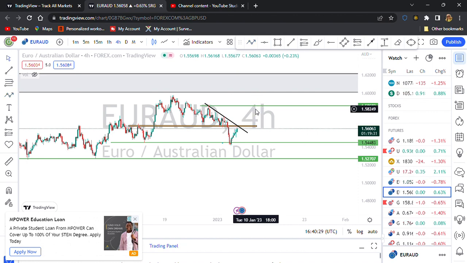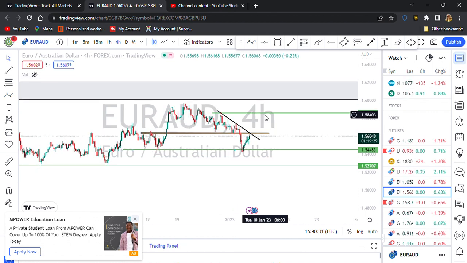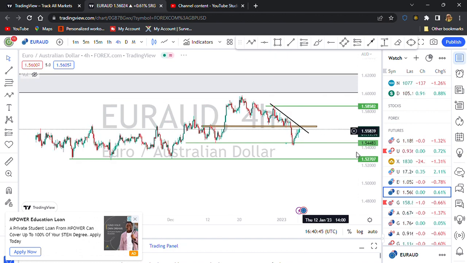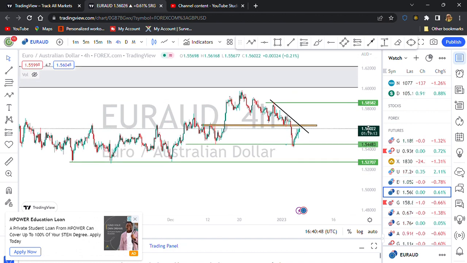It's just simple. You just have to know where your market is going, your support and resistance. If the market is coming and you know that the current price is under your resistance, you have to sell. If it's above your support, buy. You understand? This is how I do it, and I do that on the 4 hour time frame.